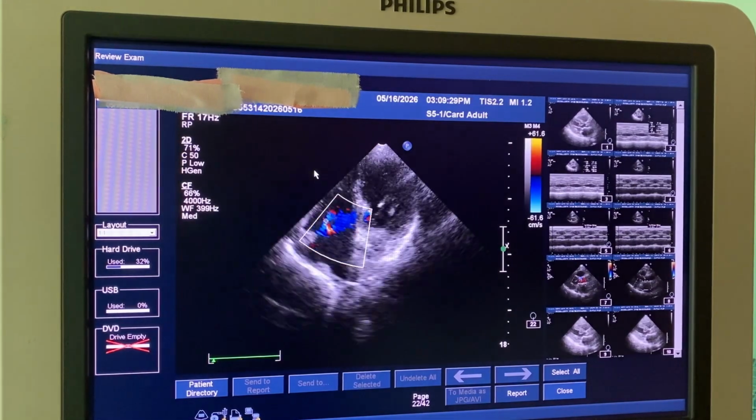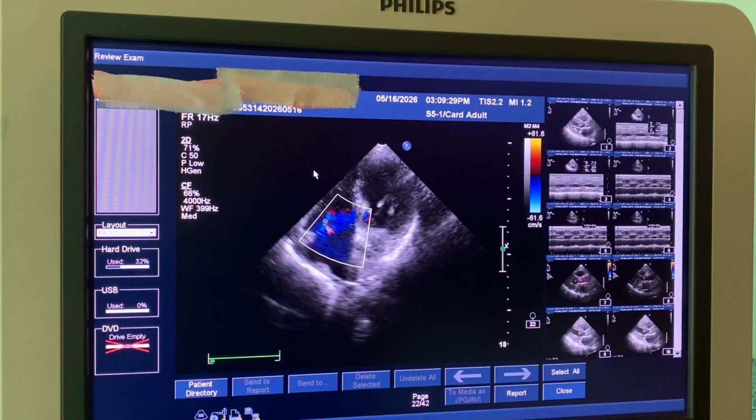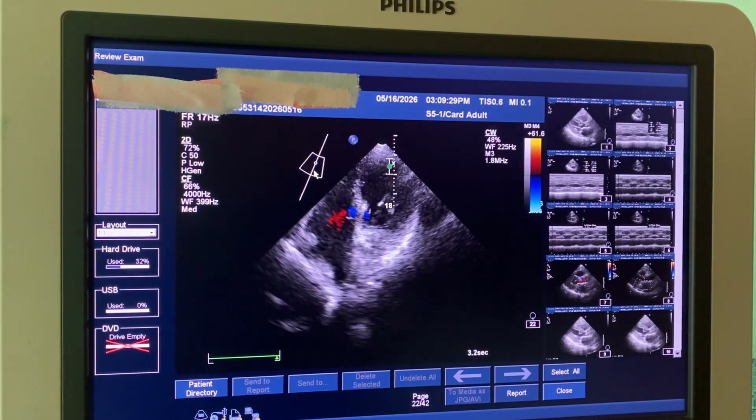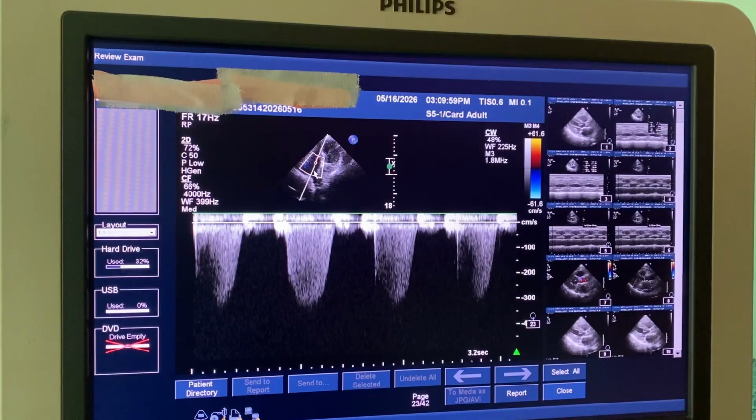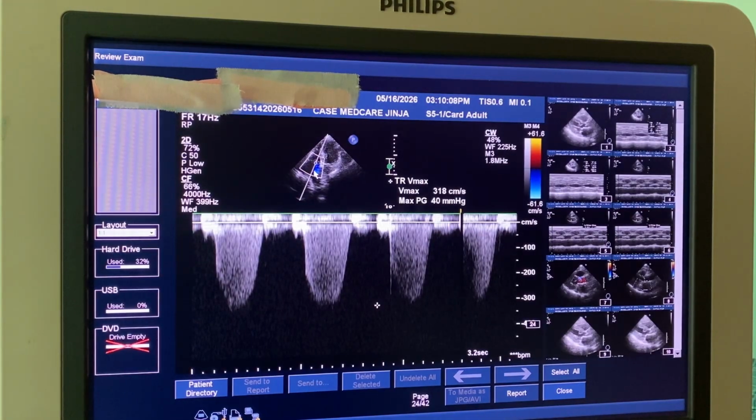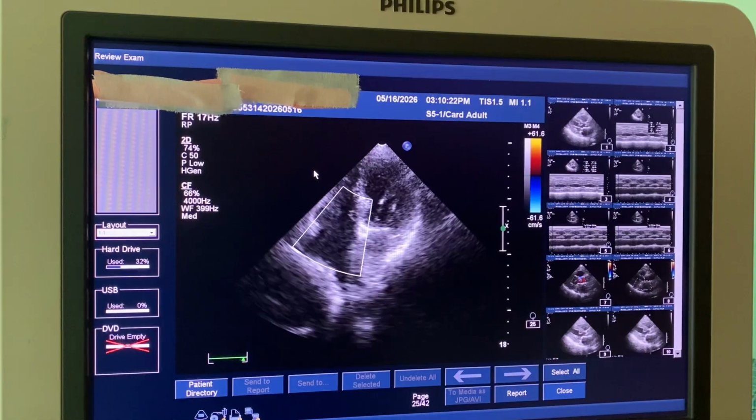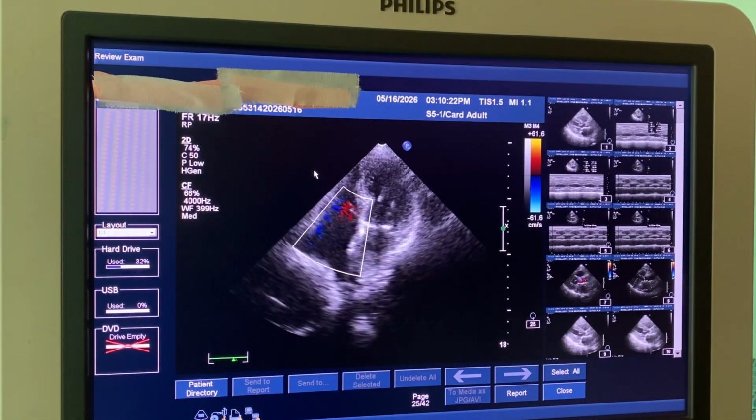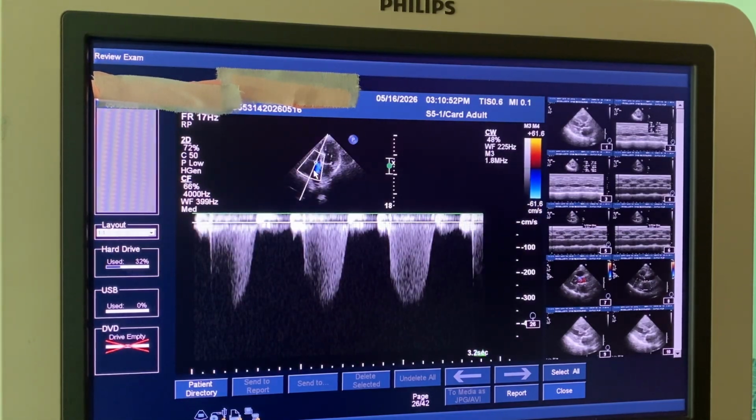We go to another parameter, tricuspid regurgitation, and it was mild to moderate.